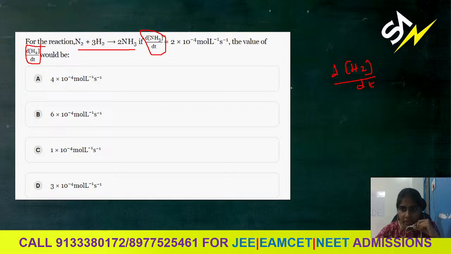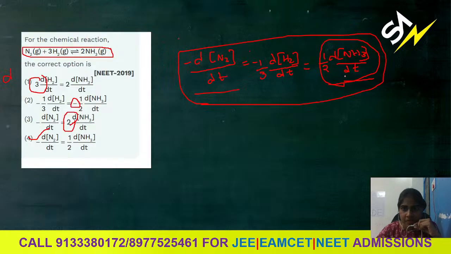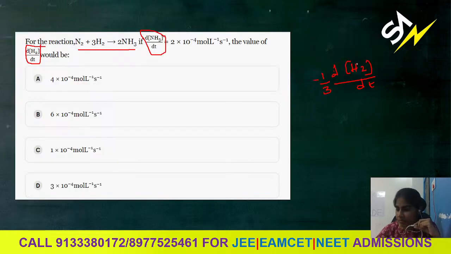d[H2]/dt, this is minus 1 by 3, that is equal to 1 by 2 d[NH3]/dt.